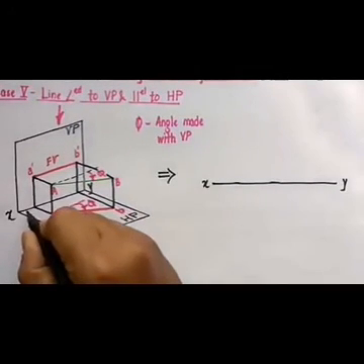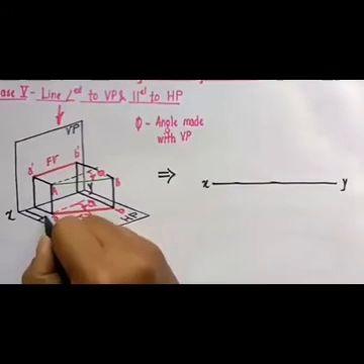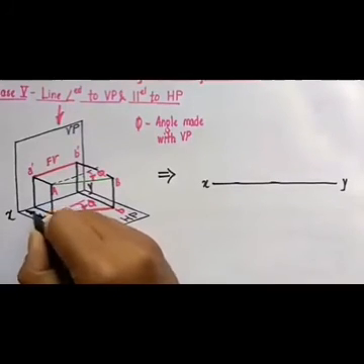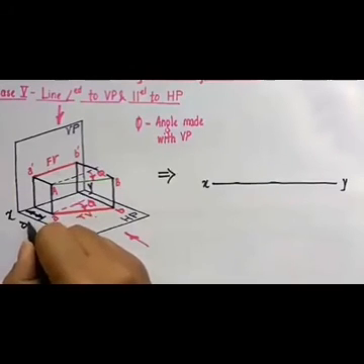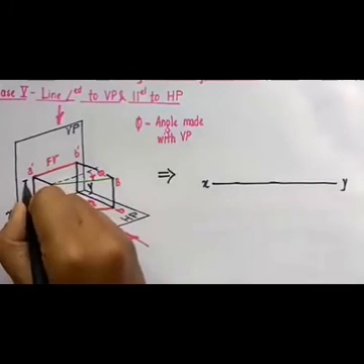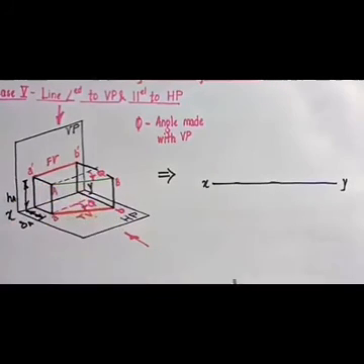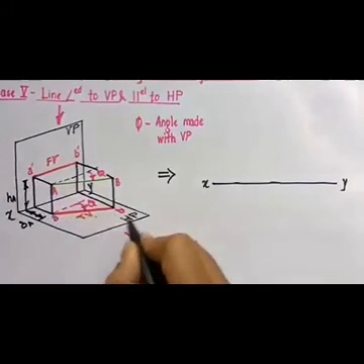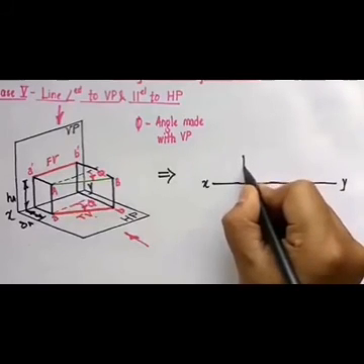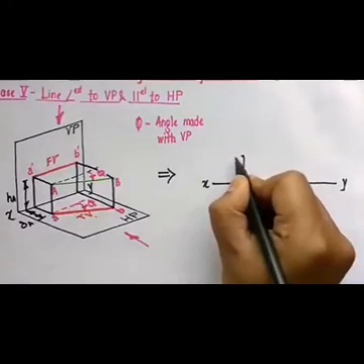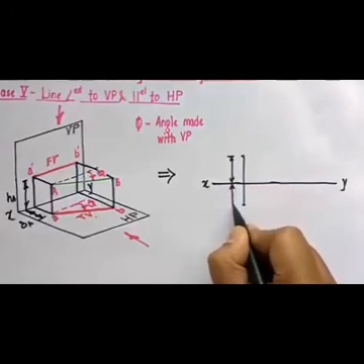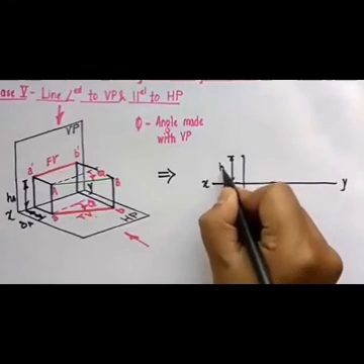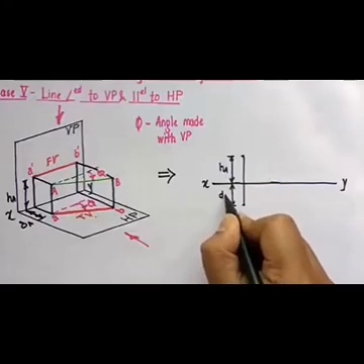Now certain dimensions that we need to know: first is this one, endpoint A, so this is going to be HA, and this is DA. So H above and D below, so this is HA and this is DA.